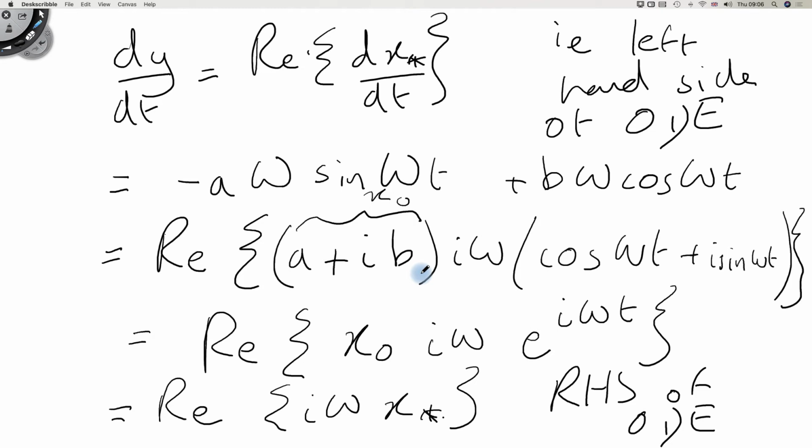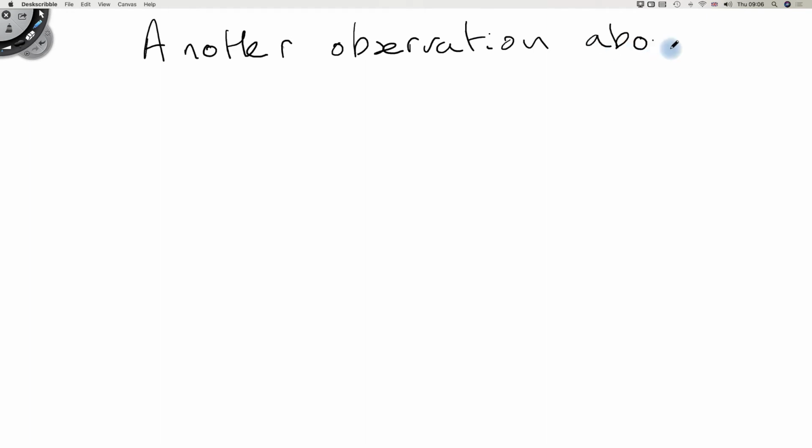There's another observation on this equation before we get into stability analysis. Another observation about dx by dt equals I omega x.